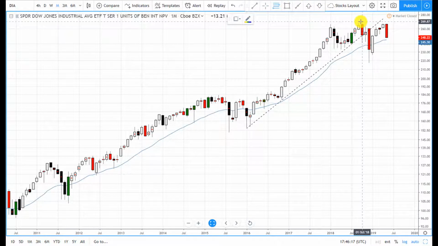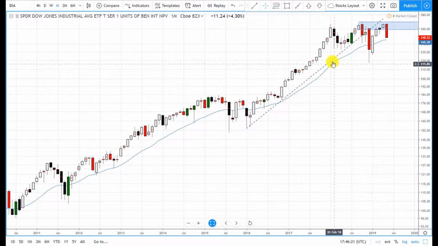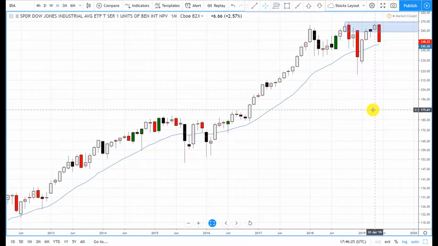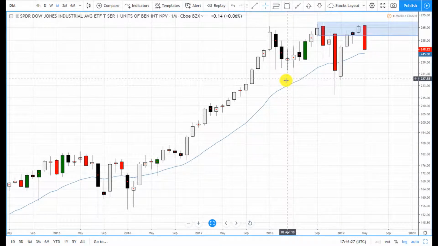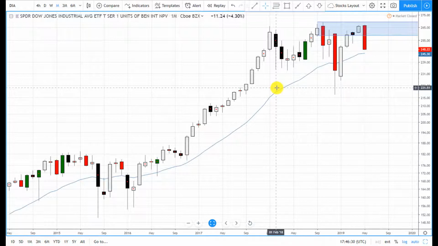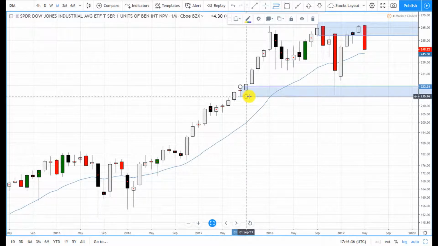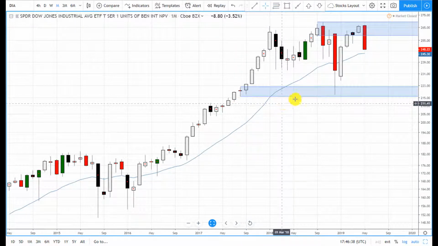And then there's a supply here. Supply there, and then this could be a demand zone that brought price up again. This basing candle here, this doji basing candle here.